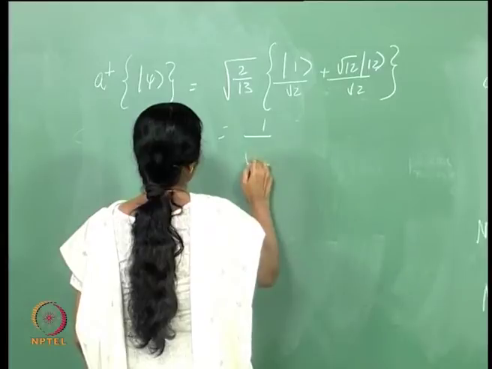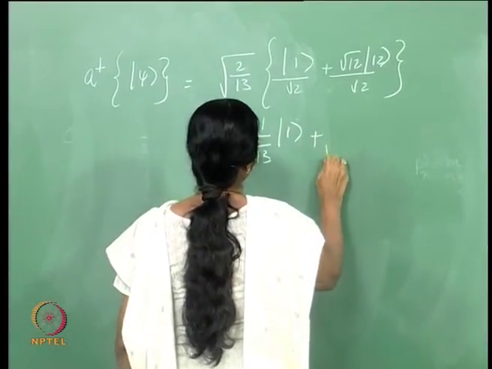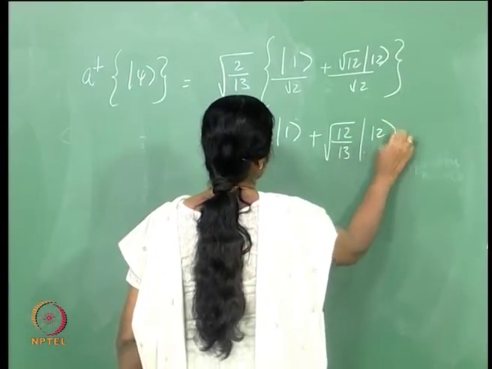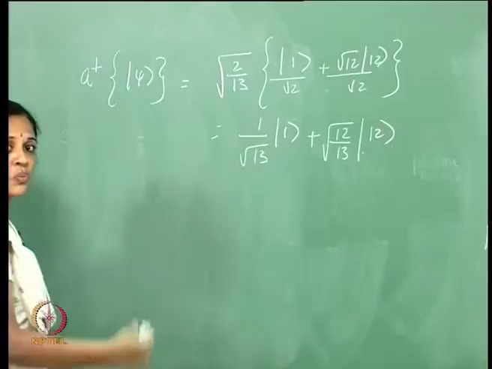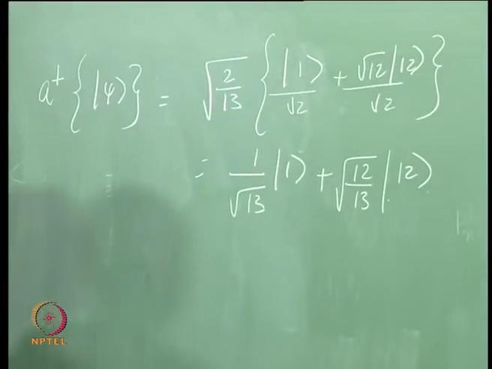So, this is just 1 by root of 13 ket 1 plus root of 12 by 13 ket 12. This is what I have when I added a photon to this state.